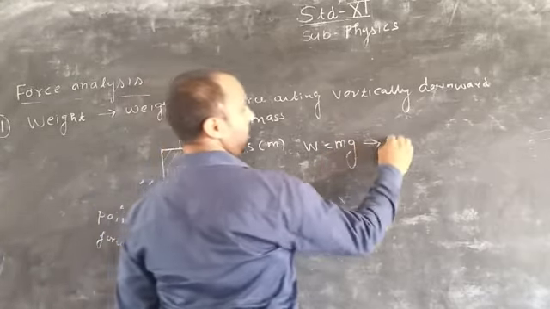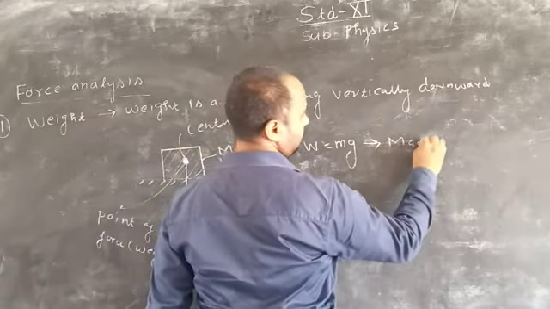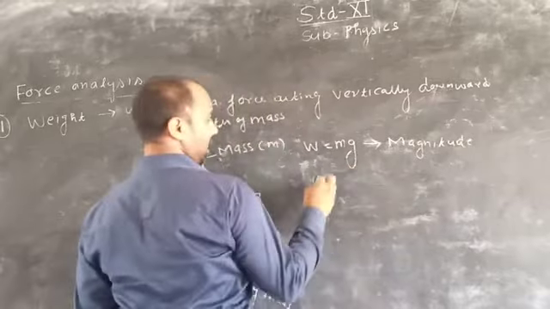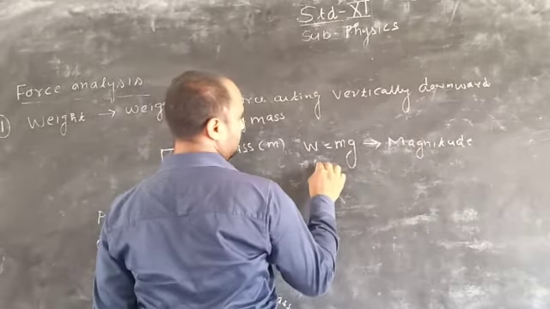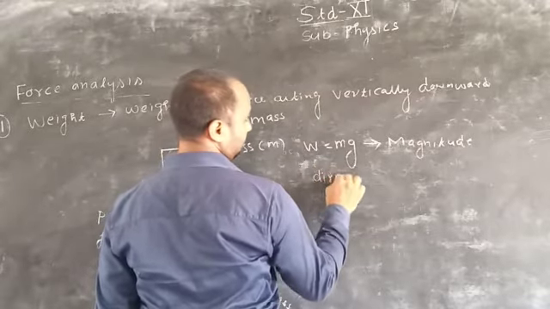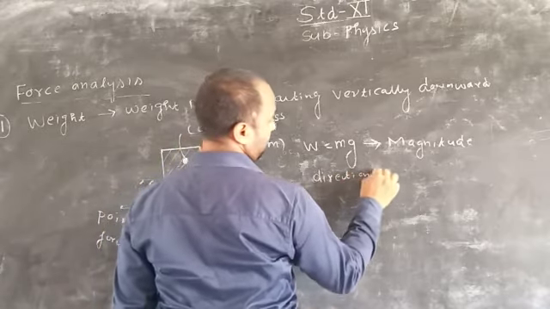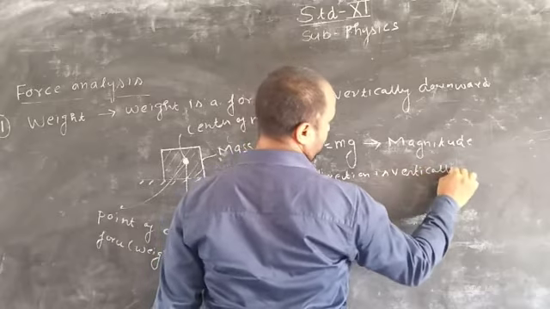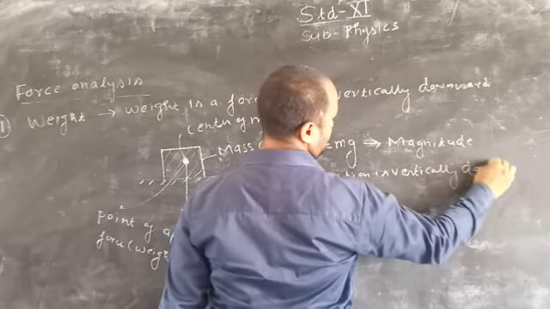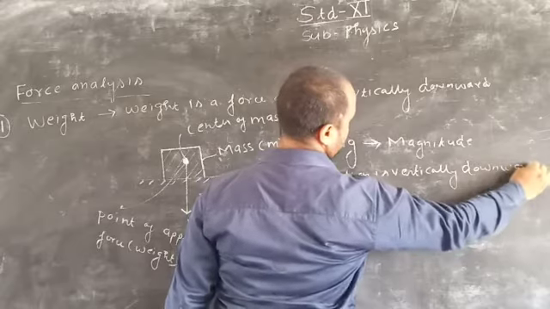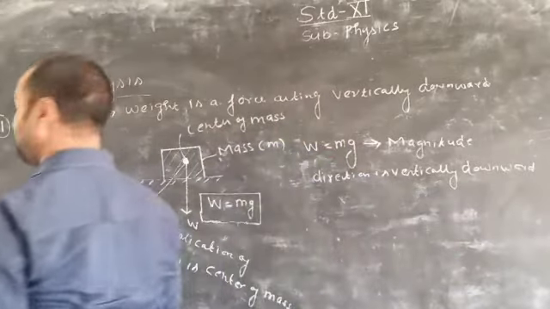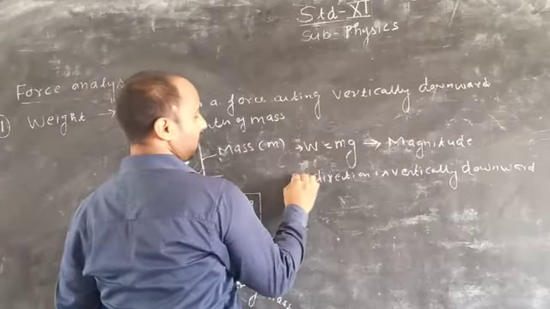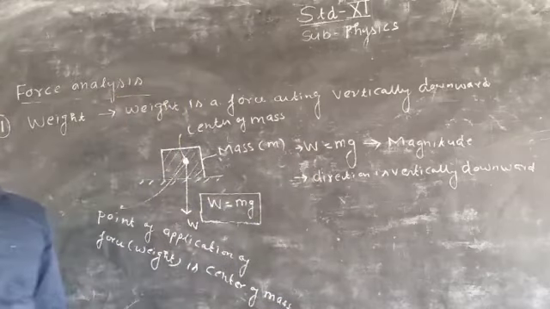This is the magnitude, and the direction is vertically downward. These are the points we have to remember. The magnitude of the force is this and the direction of the force is this.